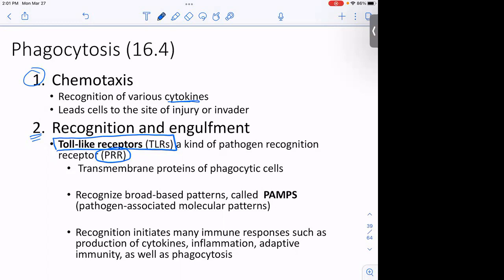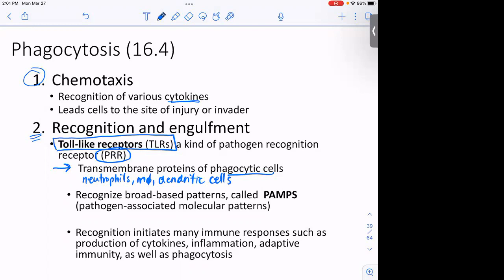So it's not intuitive, but what toll-like receptors are, as I mentioned, they're proteins that are in the membrane of phagocytic cells. So especially things like neutrophils, macrophages, and dendritic cells. Again, I think they're more widespread than that, but especially in those kinds of cells.